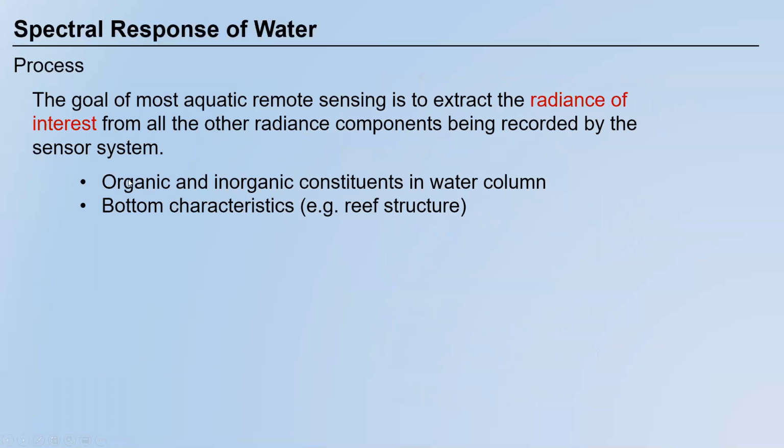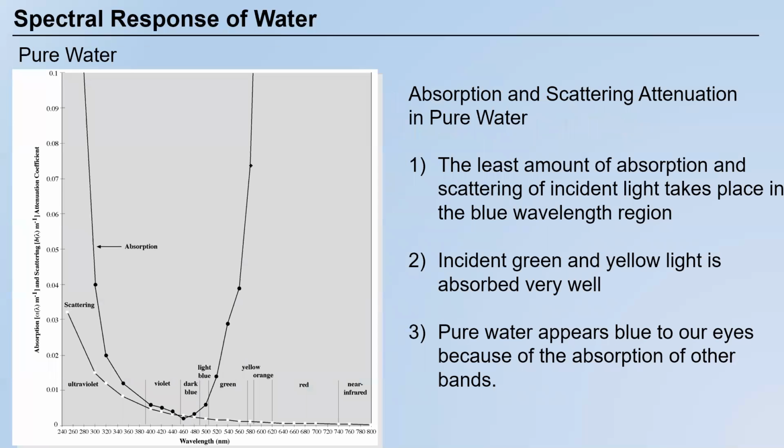Okay, and in water, there are organic and inorganic constituents. And the bottom characteristics of water bodies are different. So you have to consider all these factors, different types of water body and different constituents in water, to actually carry out proper water remote sensing.